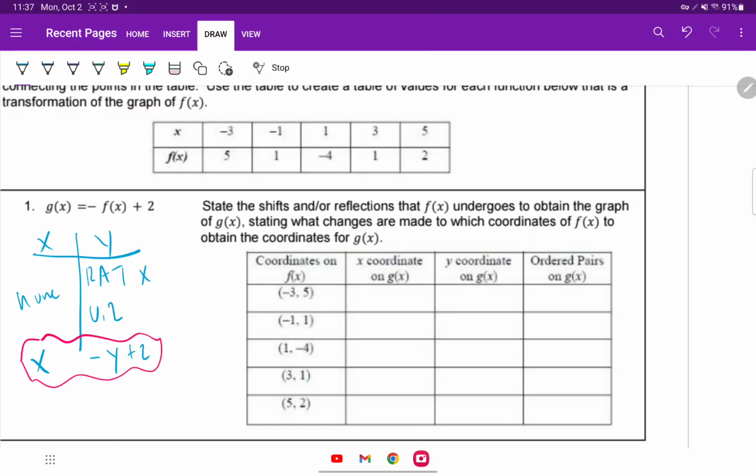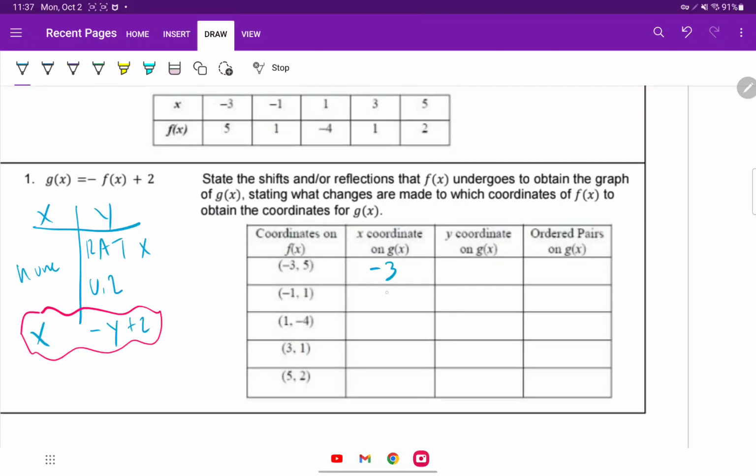The x values don't change, so they're all x. For the y values, it says reflection across the x-axis, up 2, so negative y plus 2. So we take this number 5, and I'm doing negative 5 plus 2, which is negative 3.